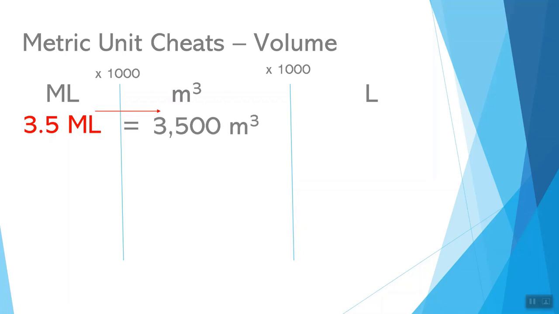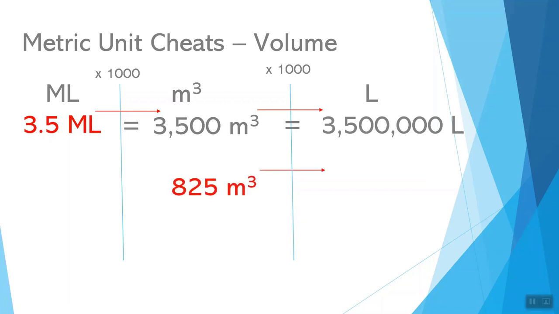And if you'll notice there, you change the decimal in 3.5 to a comma, and it turns it into 3,500 cubic meters. Well, if you want to go one column further, another 3 decimal places, and it works out to 3,500,000 liters.